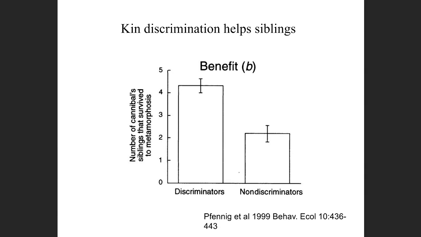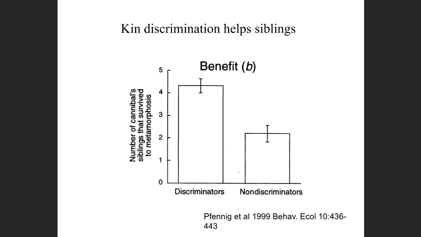But this is a little bit different. This is looking at the benefit to the siblings, out of, I think, 5 that start in the trial. If they're housed with non-discriminators, some of them get eaten and fewer of them survive, right?